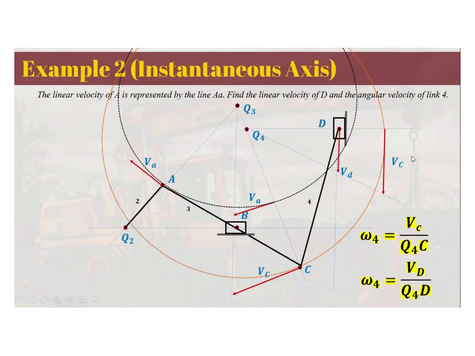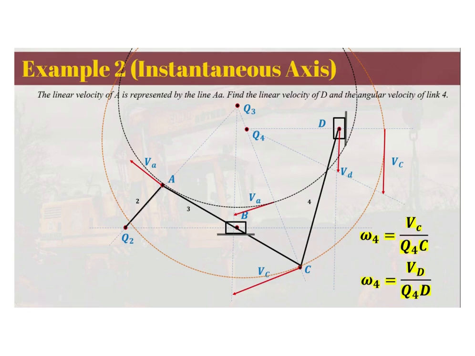So this is a very graphical approach, but once the dimensions or the numerical values of the velocities are given, you have to give as well the numerical value of these angular velocities by measuring this length and then using the velocity scale to convert them into the actual velocities. So basically, this is the second method of finding the velocities.